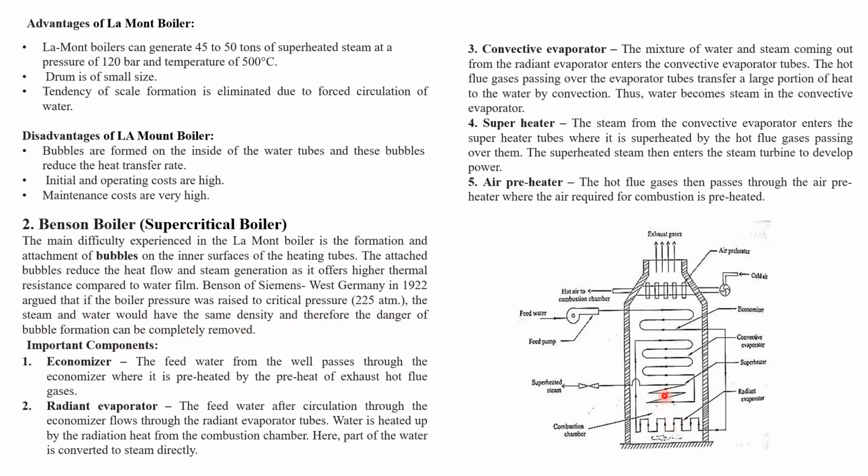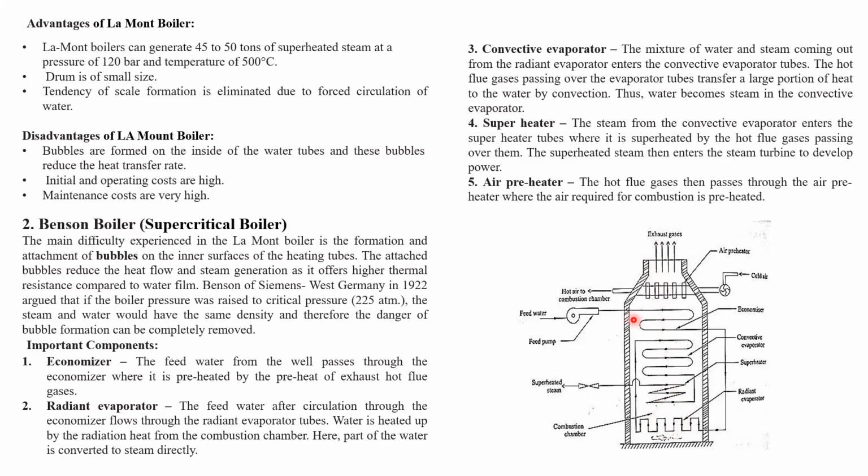In the earlier case, the convective evaporator was in between the superheater and the radiant evaporator. The second difference is that the hot flue gases flow from the bottom: radiant superheater, convective superheater, economizer, aerator, and then go to the atmosphere through the ID fan.